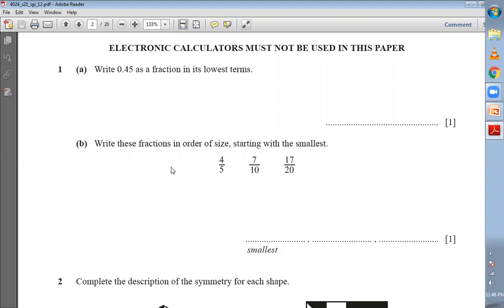For example, if you multiply this fraction's numerator and denominator both by 20, the denominator will become 100. For this fraction, multiply both by 10, and the denominator will become 100. And here, if you multiply both the numerator and denominator by 5, the denominator will become 100. Then you can compare them easily.